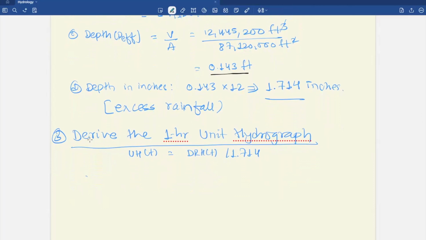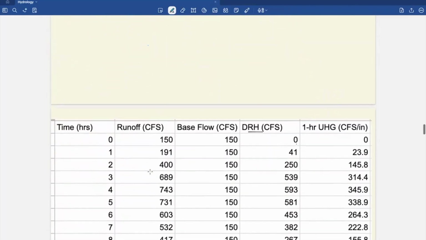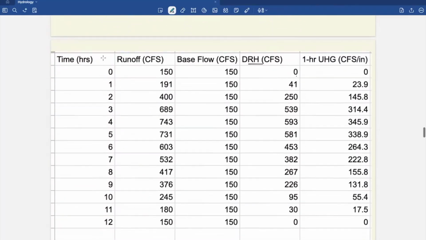For deriving the 1 hour unit hydrograph, the unit hydrograph will be equal to DRH divided by 1.714. Since we have time, runoff and base flow, we obtain DRH by subtracting base flow from runoff.